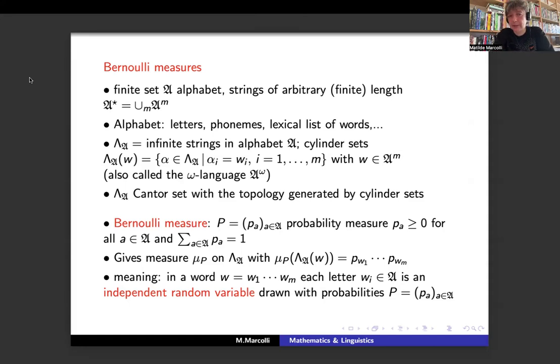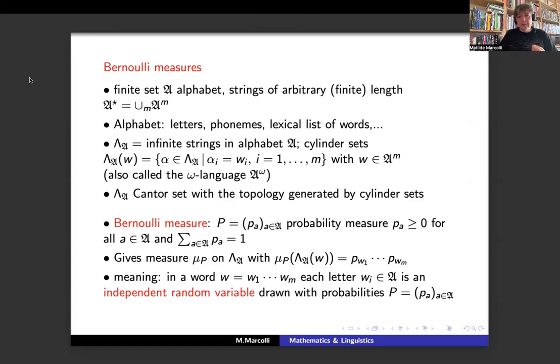And so these are the Bernoulli measures. If you look at the set of all strings that start with a given fixed string and then continue in whichever other way, these are the cylinder sets. And they generate a topology on the set of all infinite strings that topologizes this set as a Cantor set.